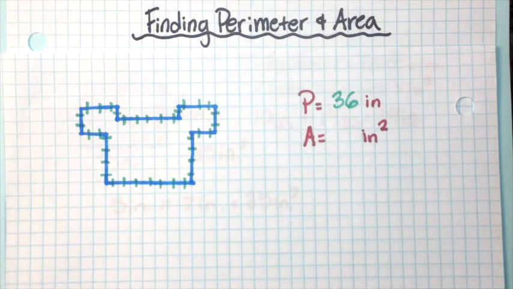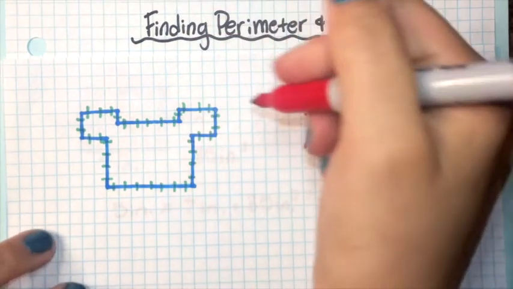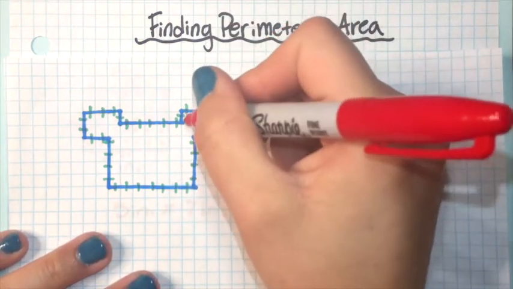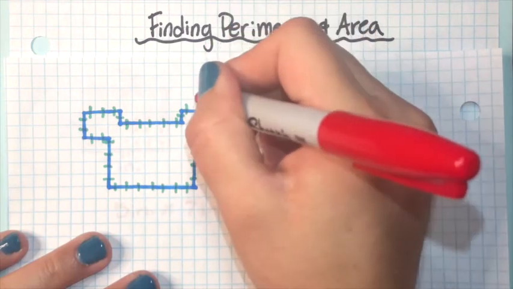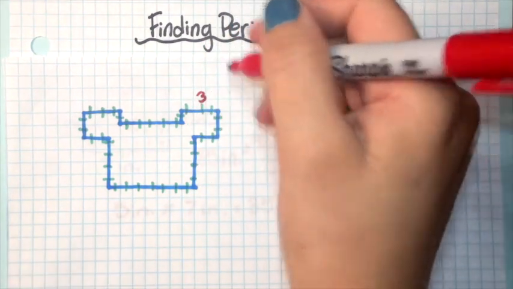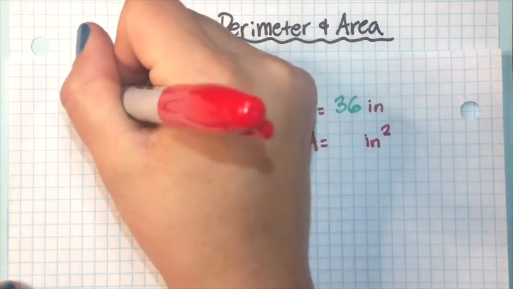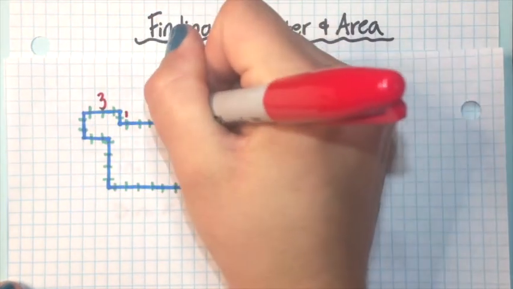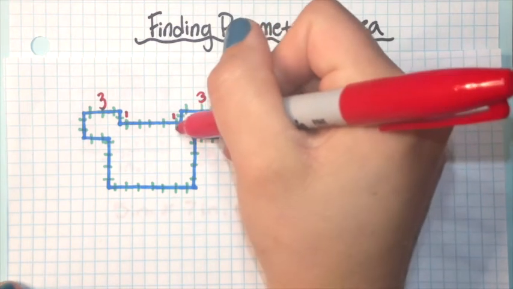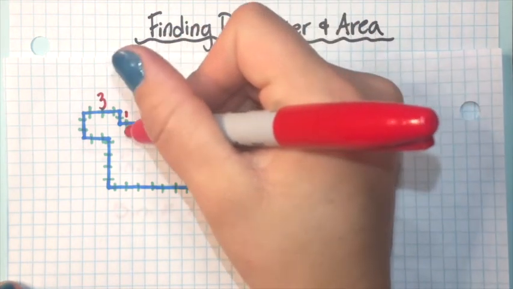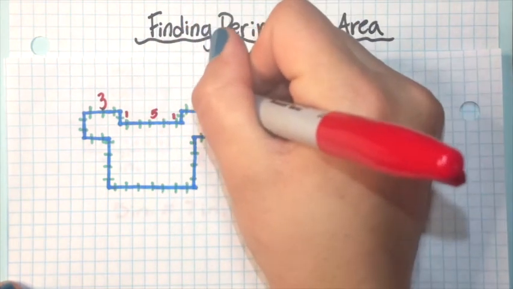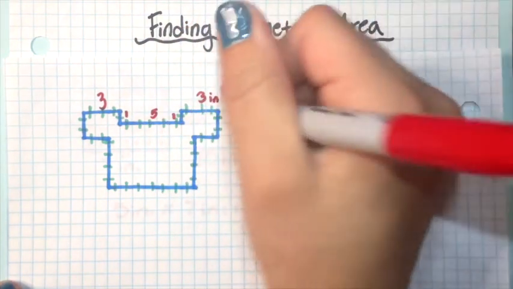Now, what if you're given just lengths of the sides? You can also just say, okay, this is 1, 2, 3, so this is 3. This is 3, this is 1, this little short side is 1. Then 1, 2, 3, 4, 5, this is 5. These are all inches, by the way. I just don't have enough room to write it all.